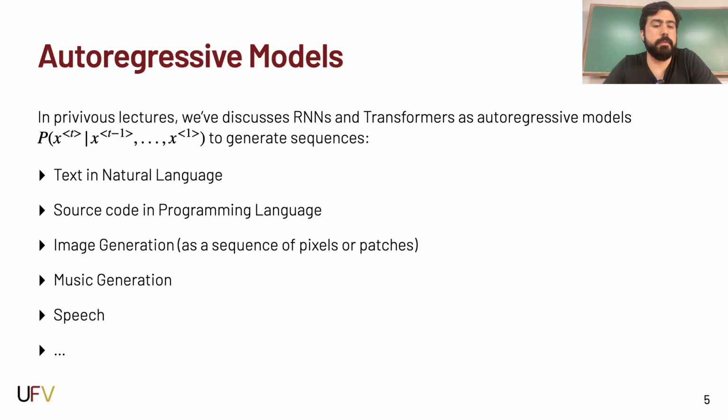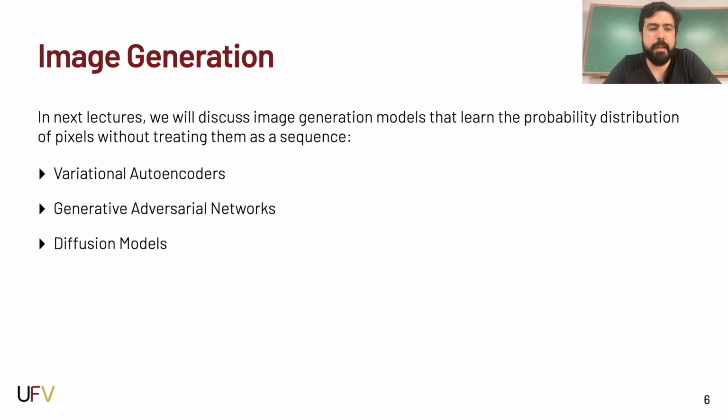But okay, we've seen them, we covered them very deeply. So I want to switch gears a little bit and focus on image generation, but I don't want to see an image as a sequence. I want to see an image as a data point, just one unit or one example. And that's the formulation we're going to look into in the next lectures. So somehow I want to model a distribution of pixels that I can sample from to generate a new set of pixels that look like cats, for example.